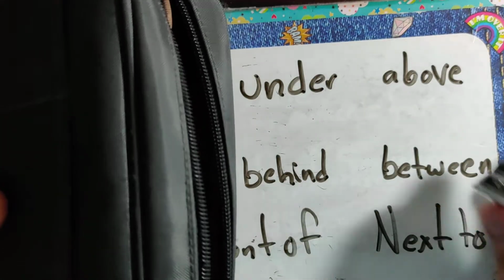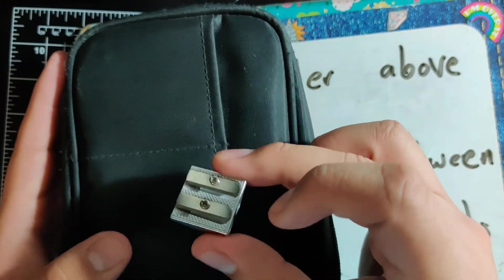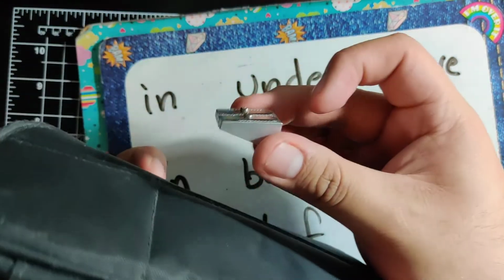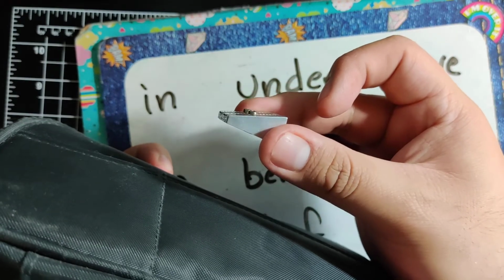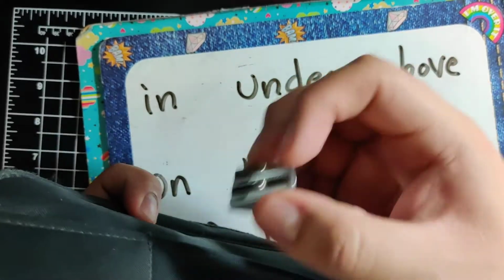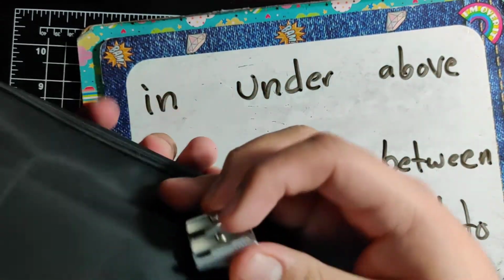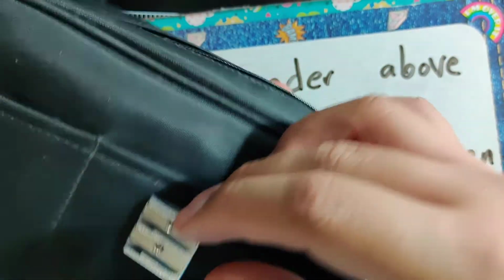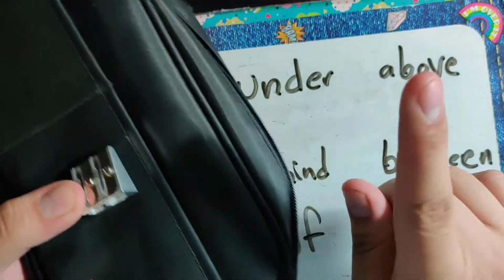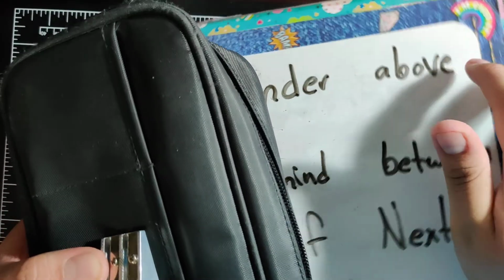Now, the next one is, be careful with the next one, above. There's a sharpener above the pencil case. There is a sharpener above the pencil case. Now let's use the next one. There is a sharpener on the pencil case. You see the difference between on and above? Because this tends to confuse some people.